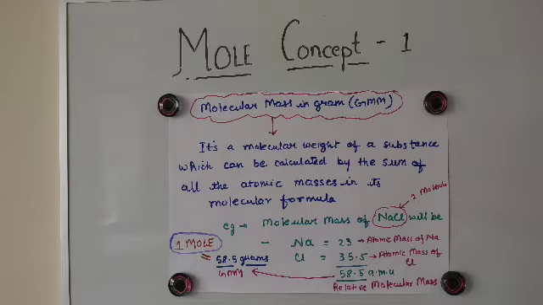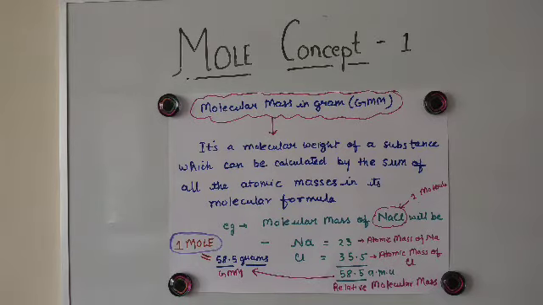So here we need to take the molecular mass in gram, not in AMU. So if we take 58.5 grams, not AMU, of sodium chloride, just go to the weighing machine and weigh 58.5 grams.